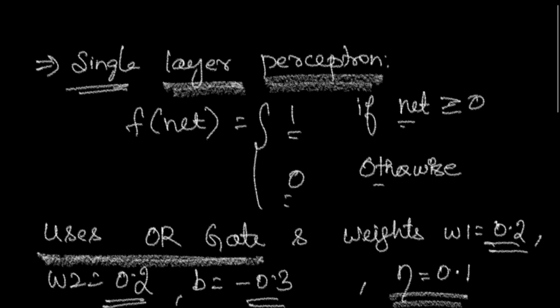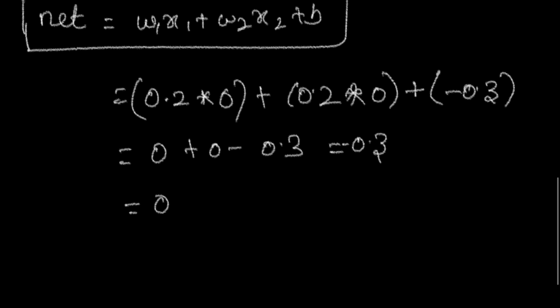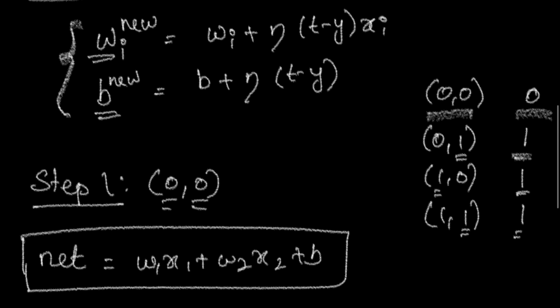Here we will check if the net value is greater than or equal to 0. Since we have a negative value, this case fails. So obviously it will move to the otherwise case. In the otherwise case, the value should be 0, so I am going to give the value as 0. Now check the truth table. If 0 and 0, then the truth table should give 0.